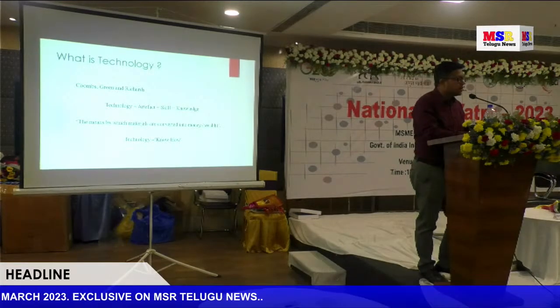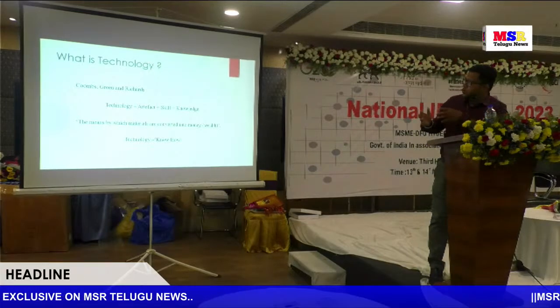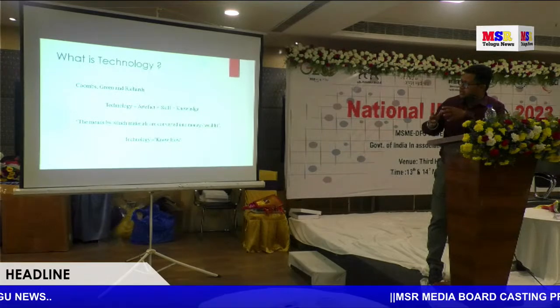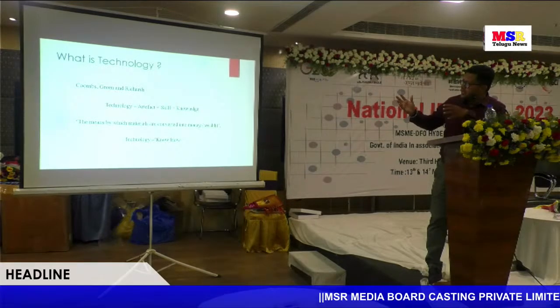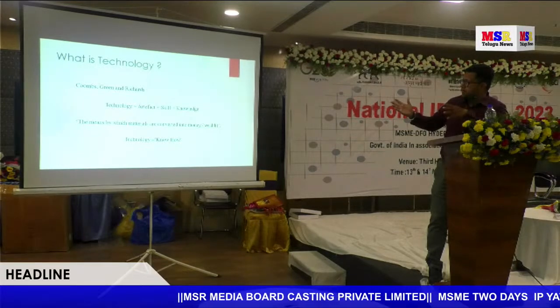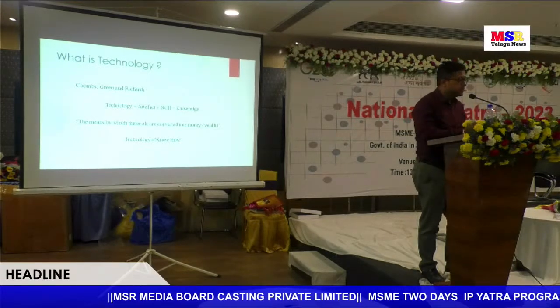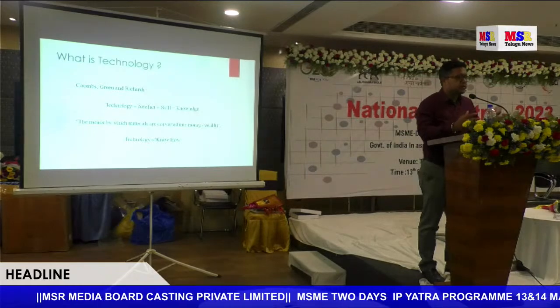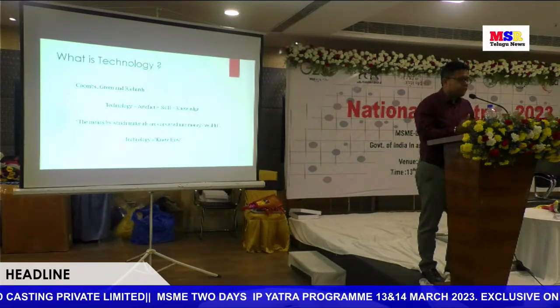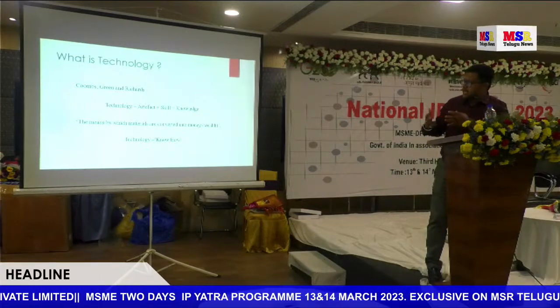But Coombs, Greens and Richards have defined technology as artifact, skill and knowledge, by which materials are converted into money. Technology is actually know-how. How do you make a product from an IP? It is a combination of artifacts, skill and knowledge.